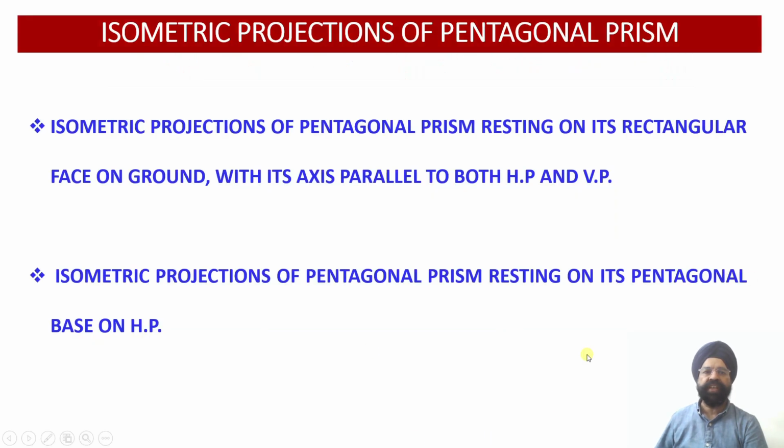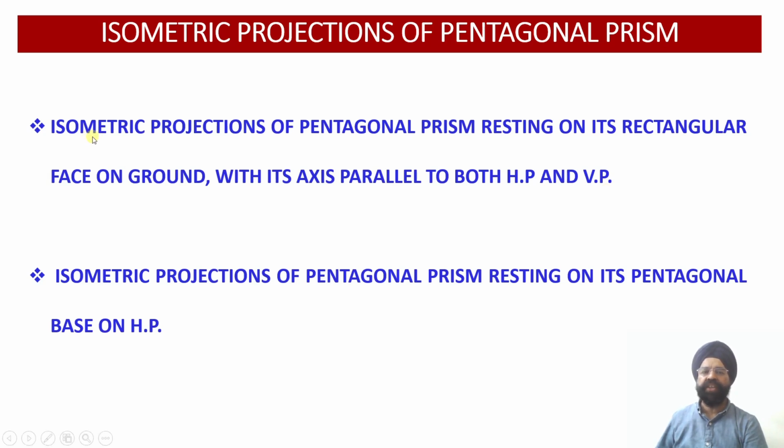Now today's discussion will be about the construction of the isometric projections of a pentagonal prism. We are going to discuss two orientations of the pentagonal prism with respect to the reference planes, the horizontal plane and the vertical plane.